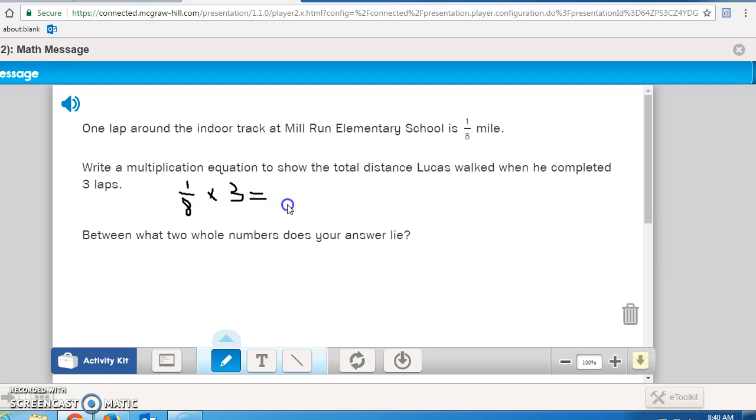How we do this is we leave the denominator the same, and we multiply the numerator by the whole number. So 1 times 3 is 3. So Lucas walked, how much distance did he walk in 3 laps? He walked 3/8, and right here is our unit, 3/8 of a mile.